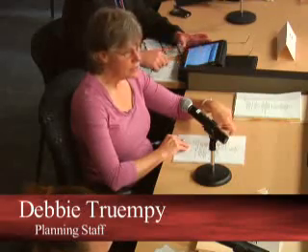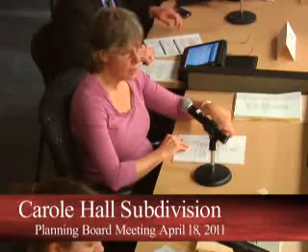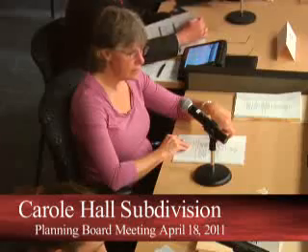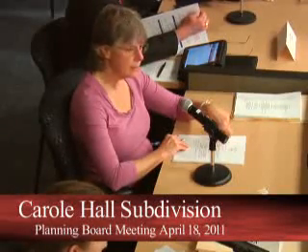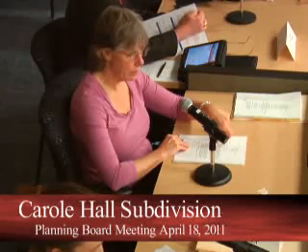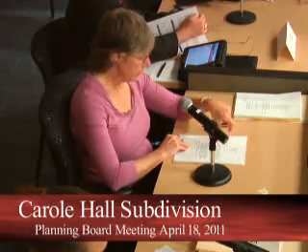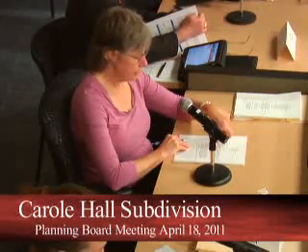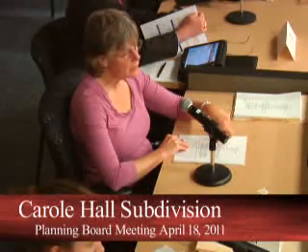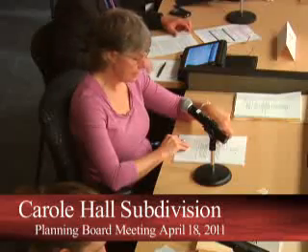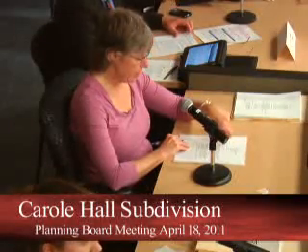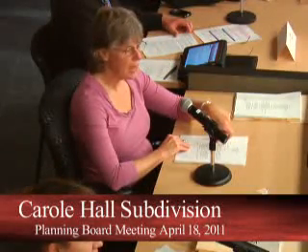Within the subdivision itself, they have built the road to ordinance standards, but they do need variances for the access road in order to be approved. One is the right-of-way is 14 feet rather than the 15 feet that was required at that time in '08. The other is for the access road.